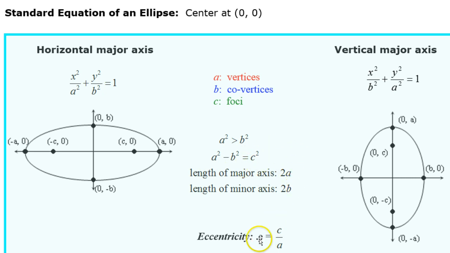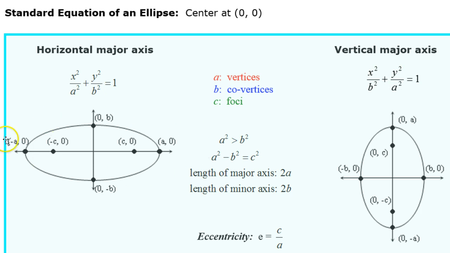There's also one additional thing, eccentricity. We'll talk about that more in future lessons, but just memorize that the eccentricity is always c over a. It's a number that reflects how far away you are from being a circle. One more thing.